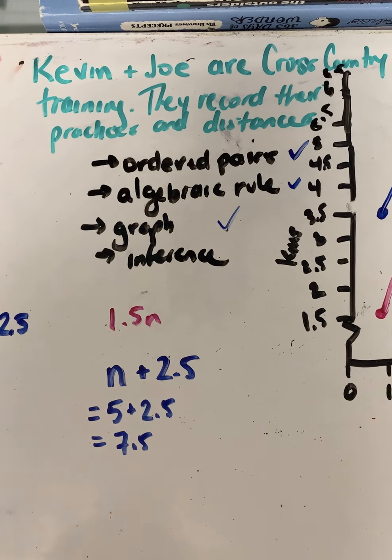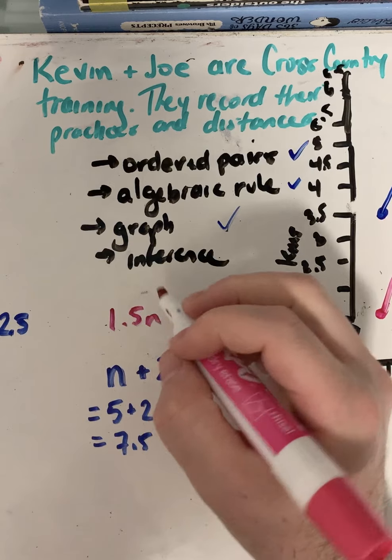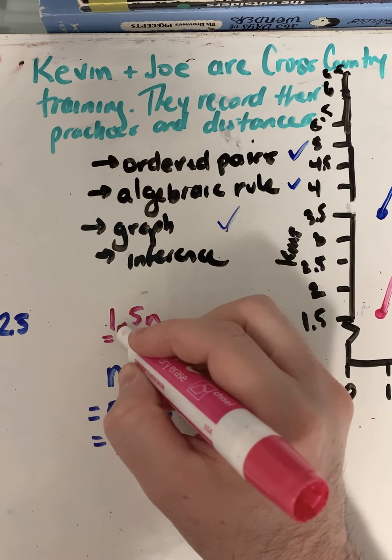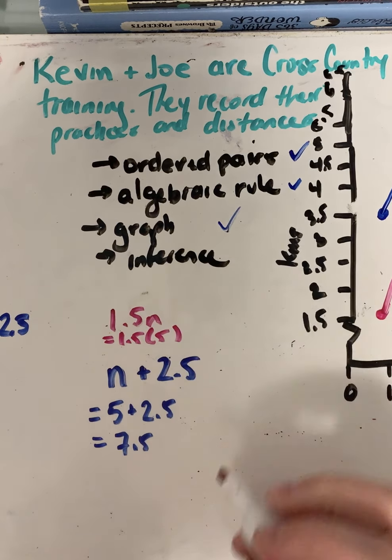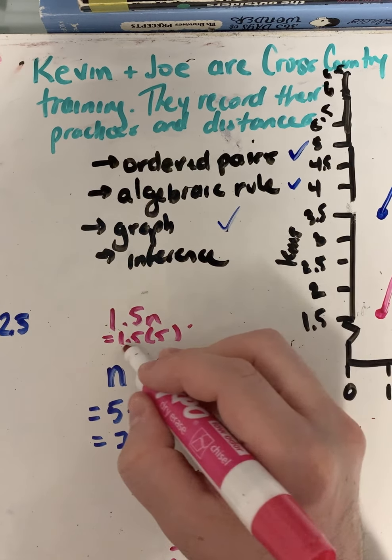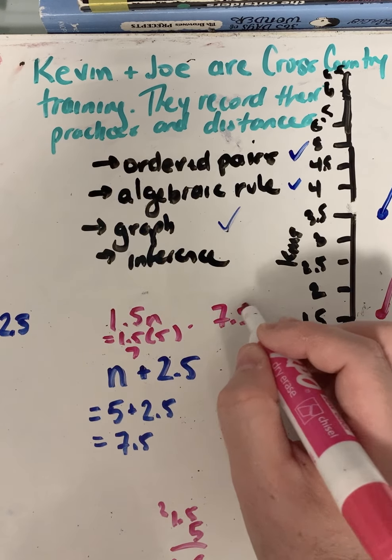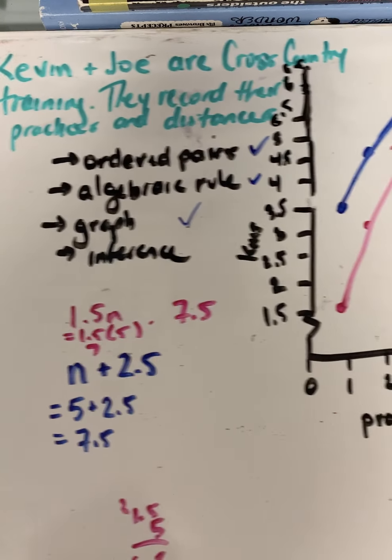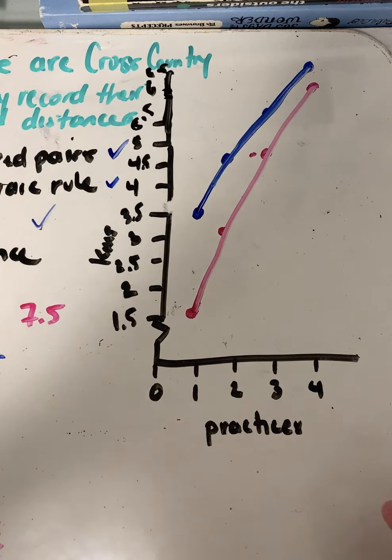And Kevin would have 1.5n. So he would have 1.5 times 5. 5 times 1.5, 7.5. So at the 5th practice, Joe and Kevin are now on the same level.